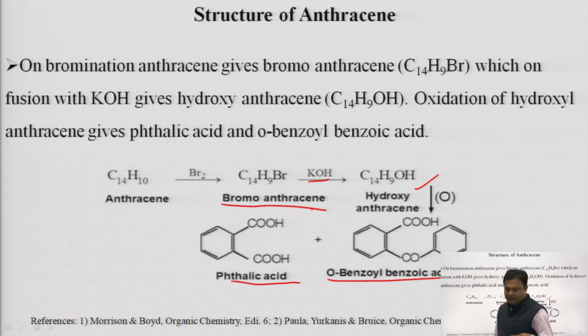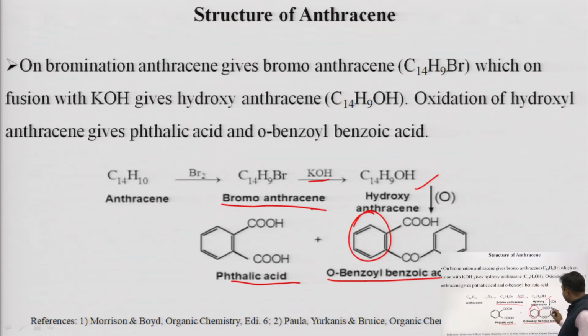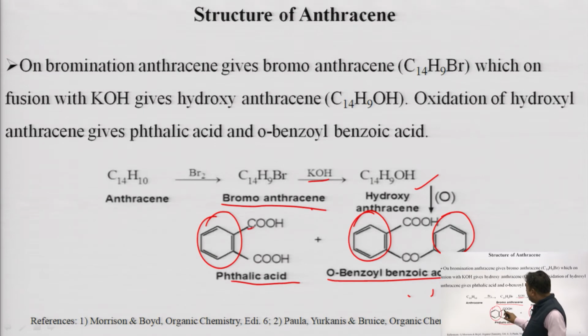So, phthalic acid and orthobenzoyl benzoic acid as products clearly indicate that anthracene has at least 2 benzene rings as per this structure, or it has 1 benzene ring having 2 carbons at ortho position.